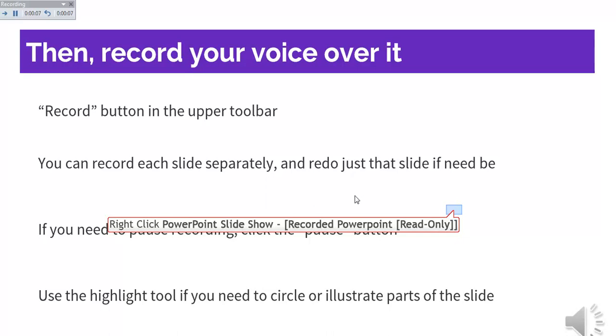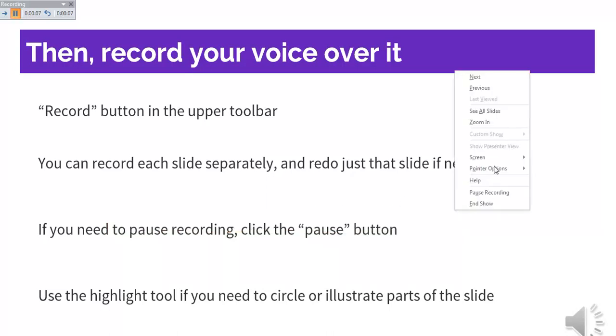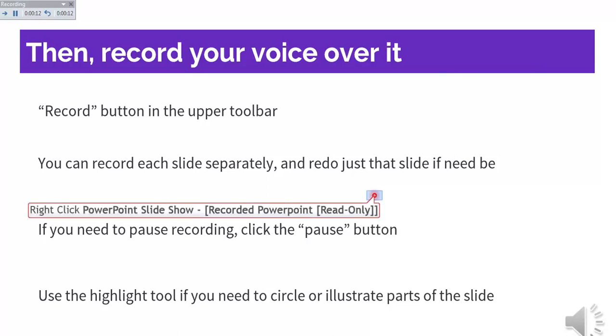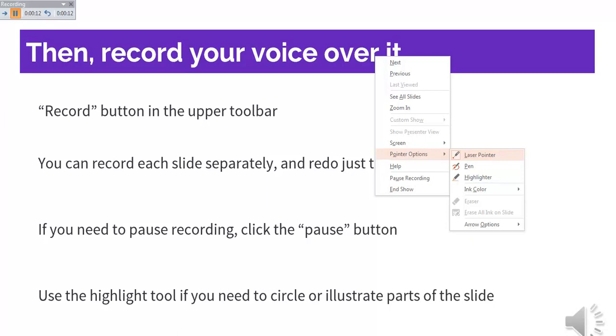There's also some extra additional tools. If you are the kind of person that likes to point things out with your fingers or with a pointer, it won't actually record where your mouse is on the screen unless you have a laser pointer or a highlighter or the pen tool, any one of those that can highlight where you are on the page.